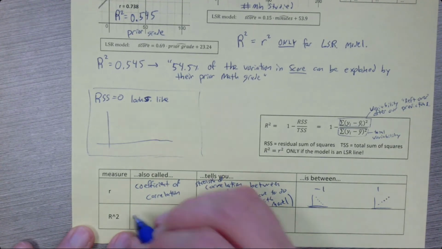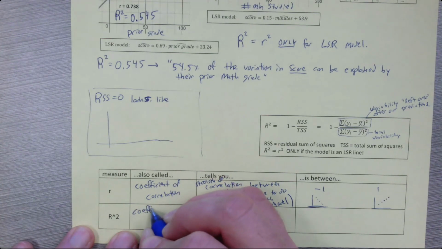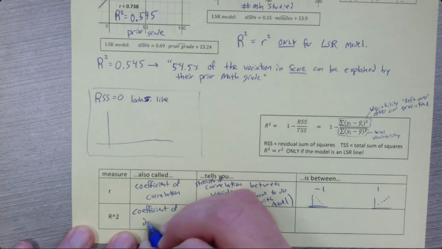Okay, so R squared is sometimes called the coefficient of determination.